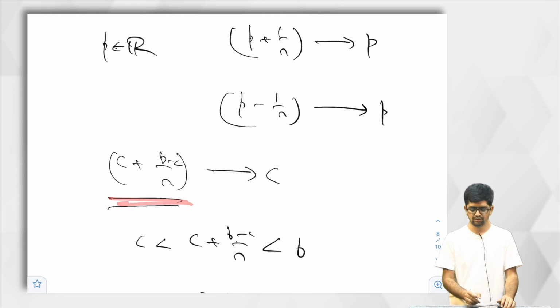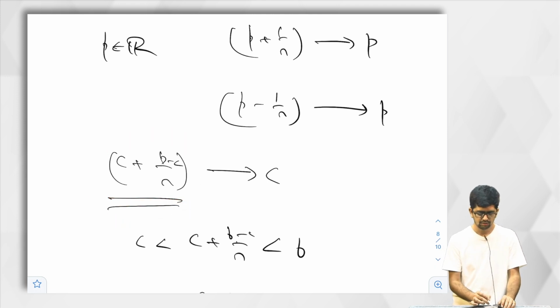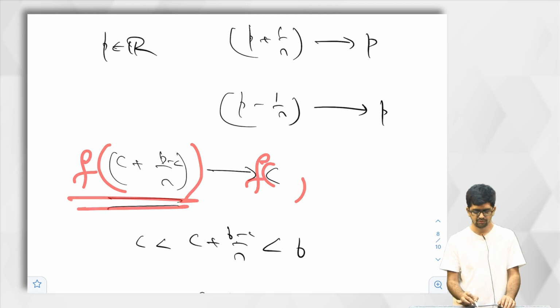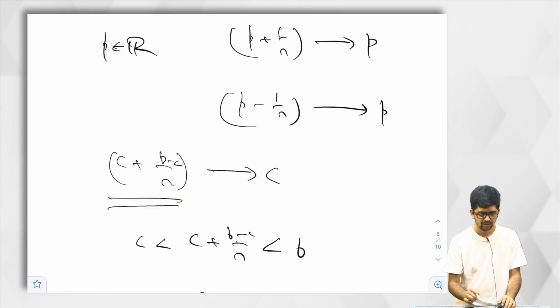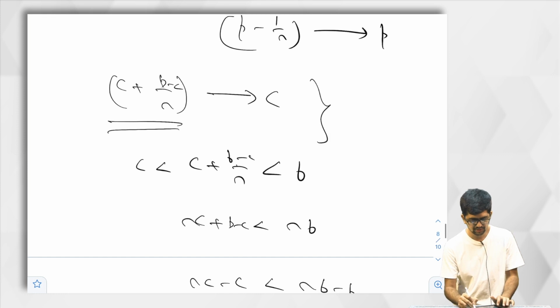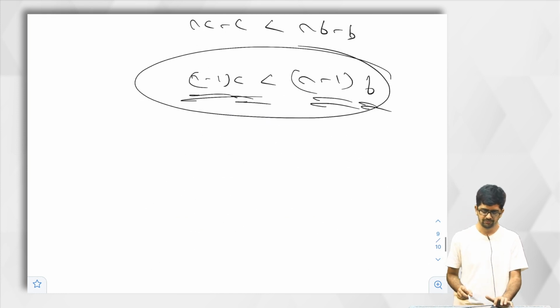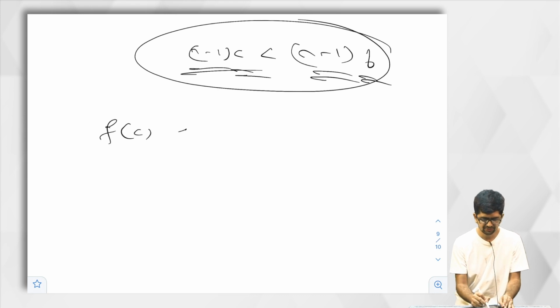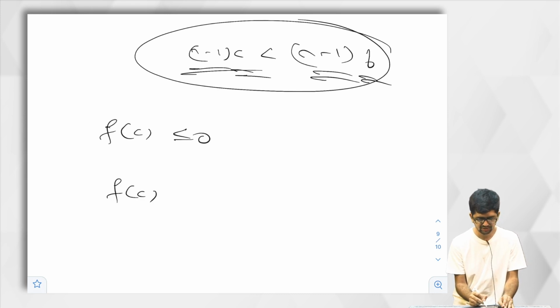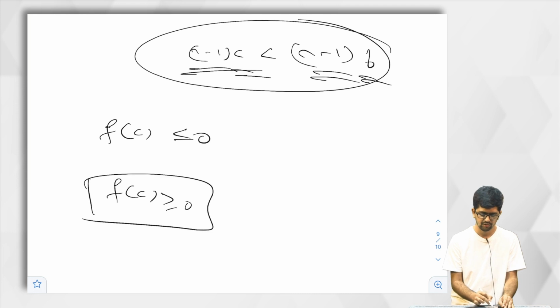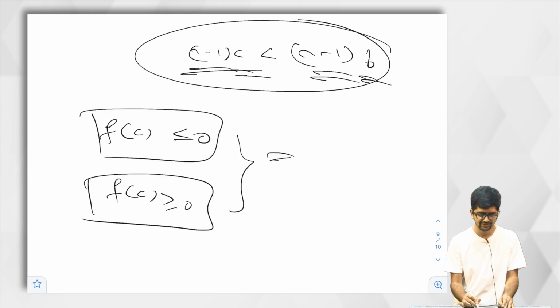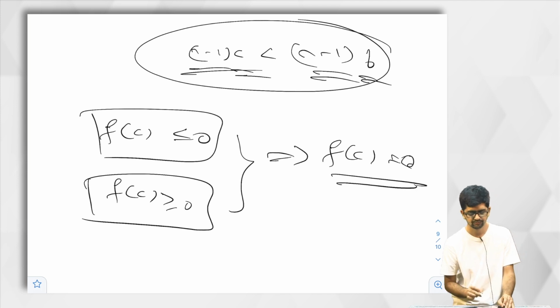This is not inside E, so f is positive. So f of this converges to f of C, and this says f of C is greater than or equal to 0. Previously we got f of C less than or equal to 0. Now we got f of C greater than or equal to 0. So these two combine and say that f of C is 0.